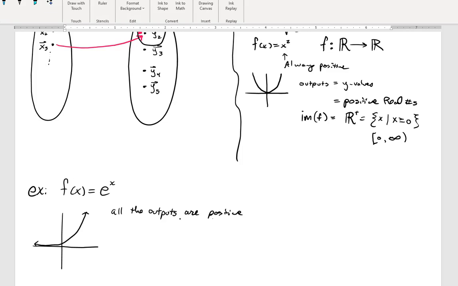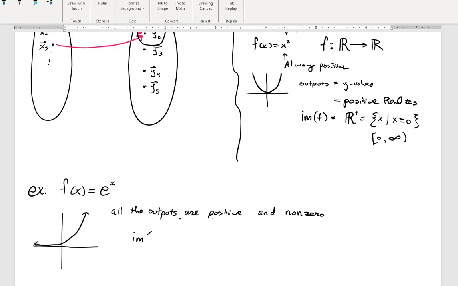What power can I raise E to and get 0? 2.7 something to what power equals 0? None. You can't raise a positive number to a power and get 0. There's no such thing. So on this one, all the outputs are positive and not 0.